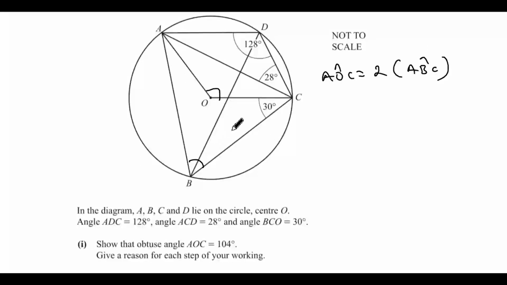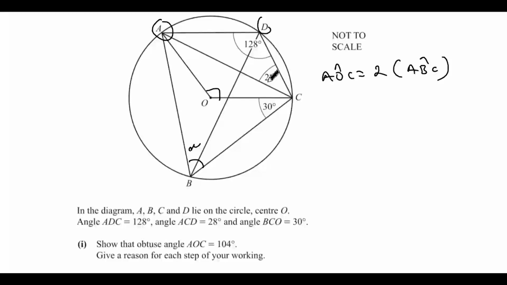If you look at this very well, look at ABD. This particular angle here, I can call it X. If you trace it like this, it's coming from this arc AD. If you trace this angle, you see that it is equal to 28 degrees.